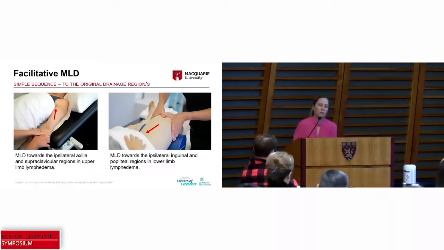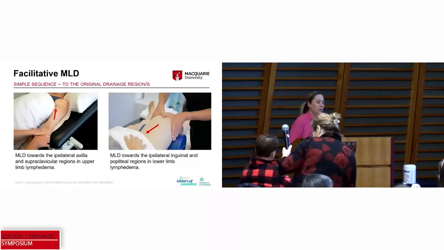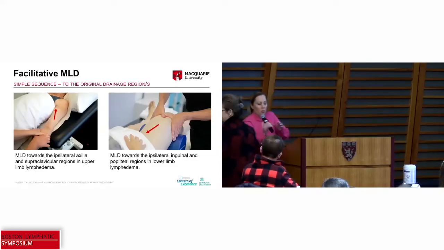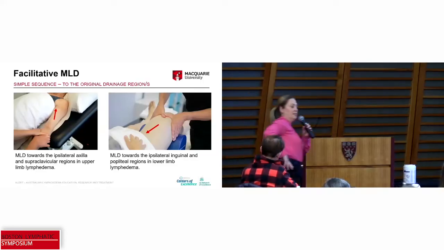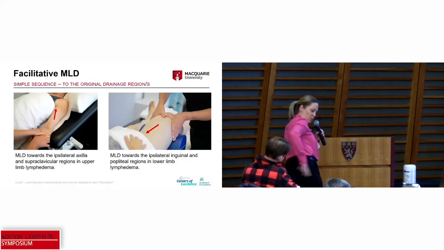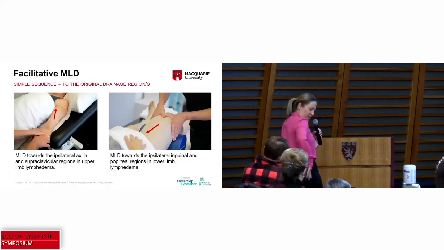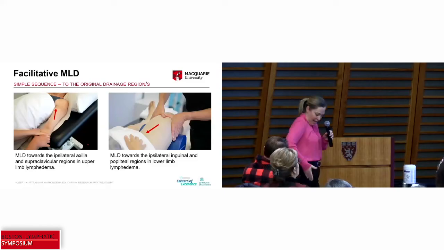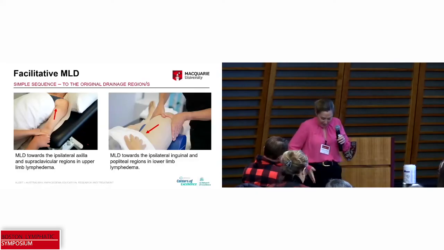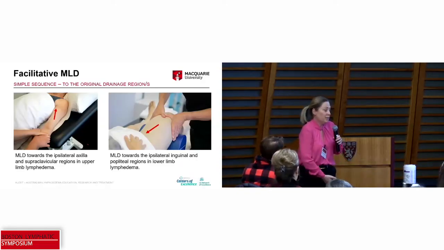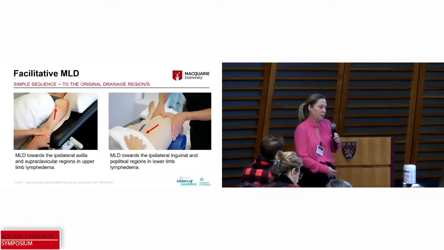Rather than directing fluid to the inguinal region, we actually start on the abdomen and we direct fluid with the patient inside lying. We start to direct fluid around to that gluteal region in the first instance, and then we might roll them onto their back, and we'll show them how to clear across the pubic region to the contralateral inguinal nodes.